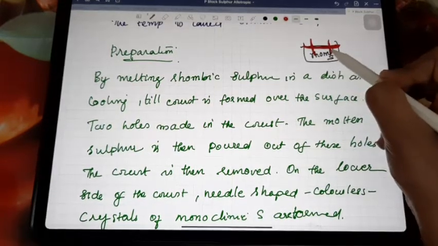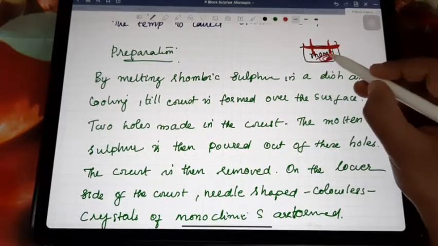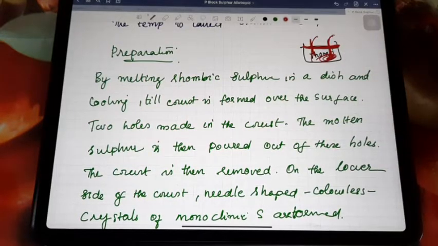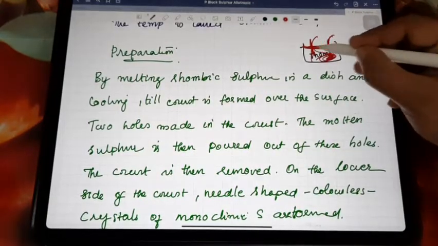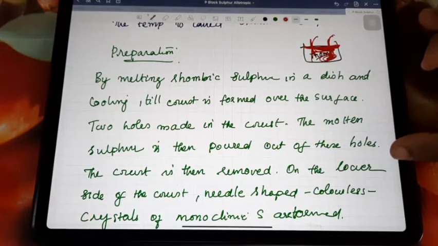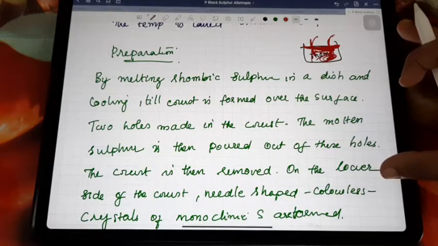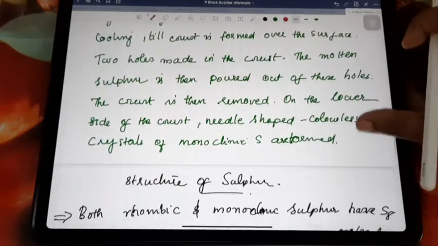Through these holes, the molten sulfur has to be poured out. Then the crust is removed. On the lower side of the crust you can see needle shaped, colorless crystals of monoclinic sulfur. That is the way we can prepare monoclinic sulfur.